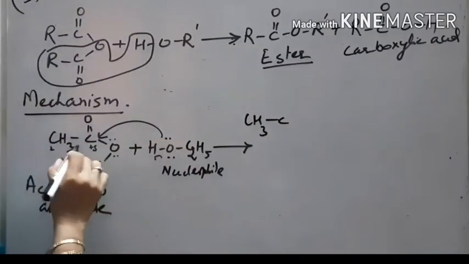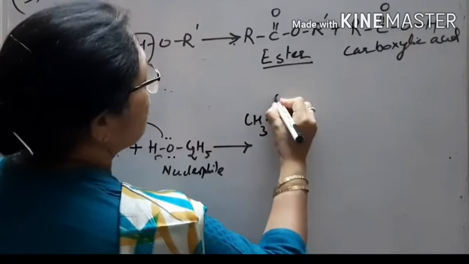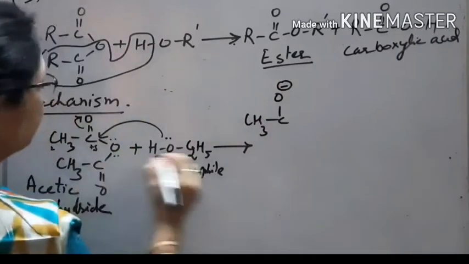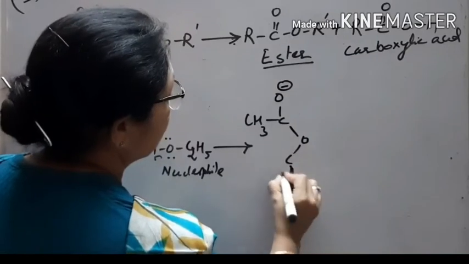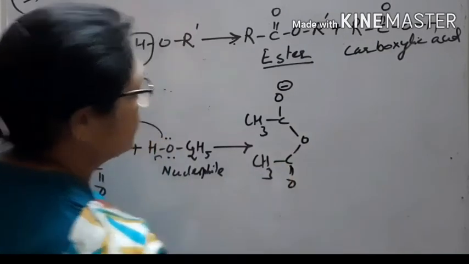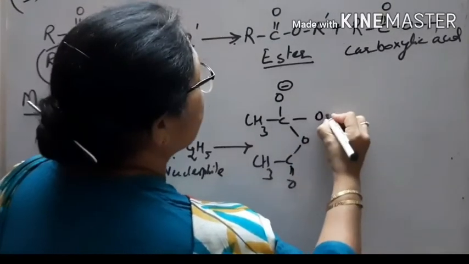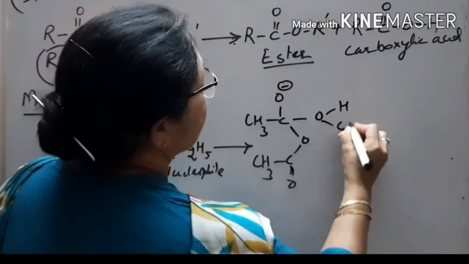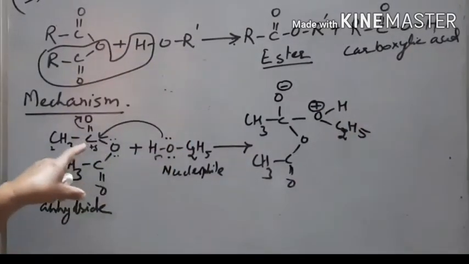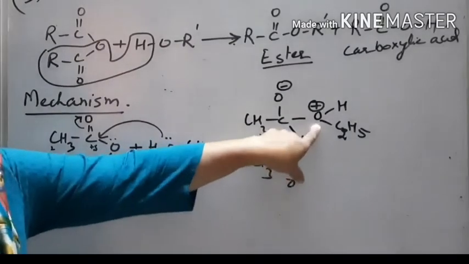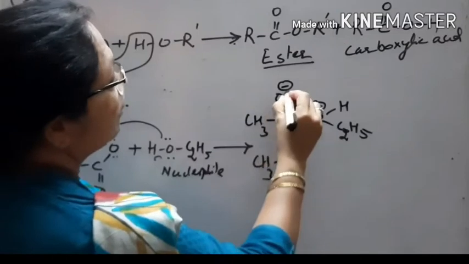CH3C. Carbon will not form more than 4 bonds, so pi electron shifted here. Oxygen, negative charge, right? Here C double bond O and CH3, and the alcohol molecule attached with this. And oxygen uses its lone pair of electrons, so oxygen has positive charge. It formed 3 bonds, and now electrons come back.